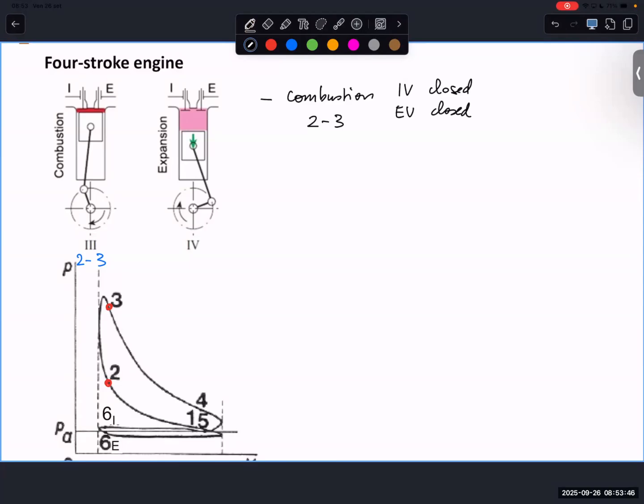During compression, we had the reduction of the volume and the increase of pressure and temperature. At a certain point, combustion is starting. Combustion will be related to either spark ignition or compression ignition. It depends on the engine that we're considering. So we have a spark that is occurring or a fuel that is injected.